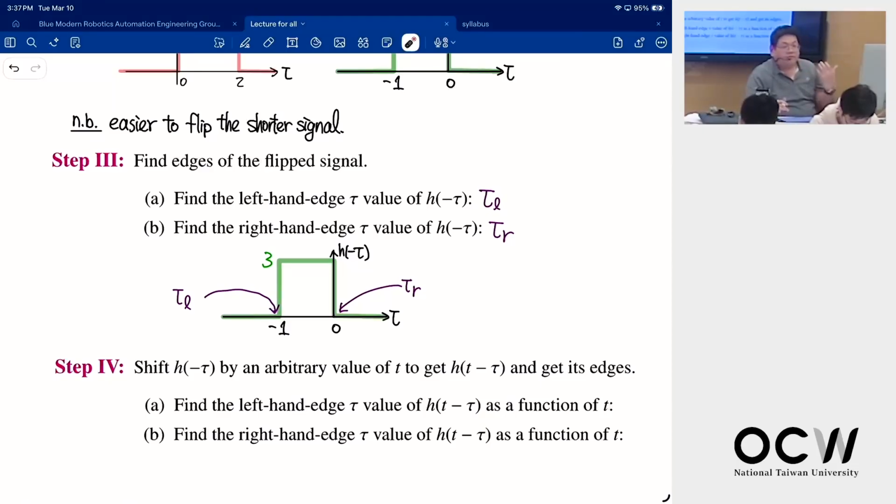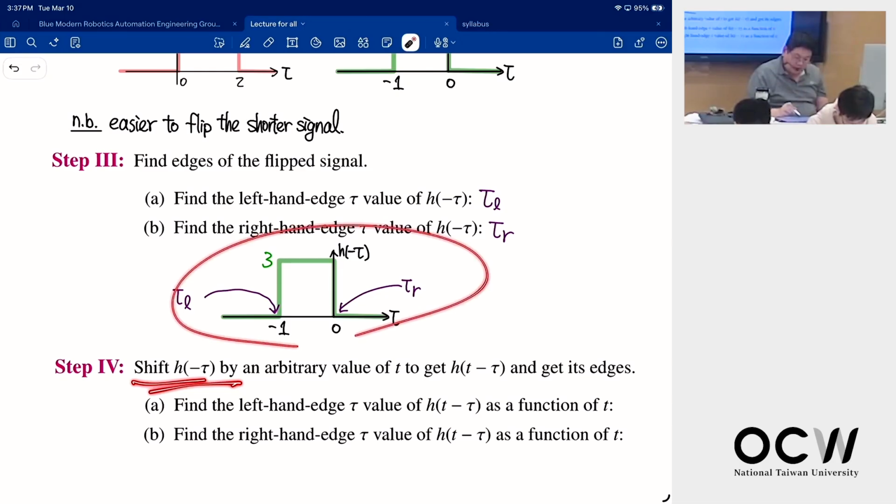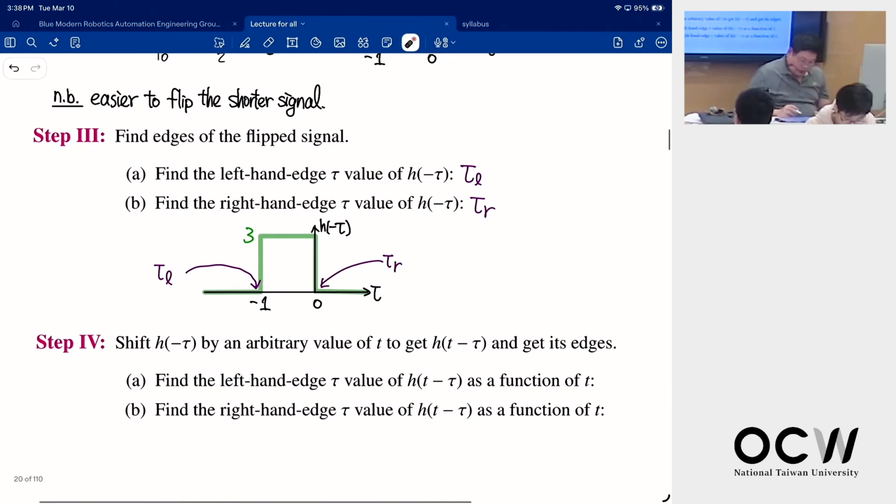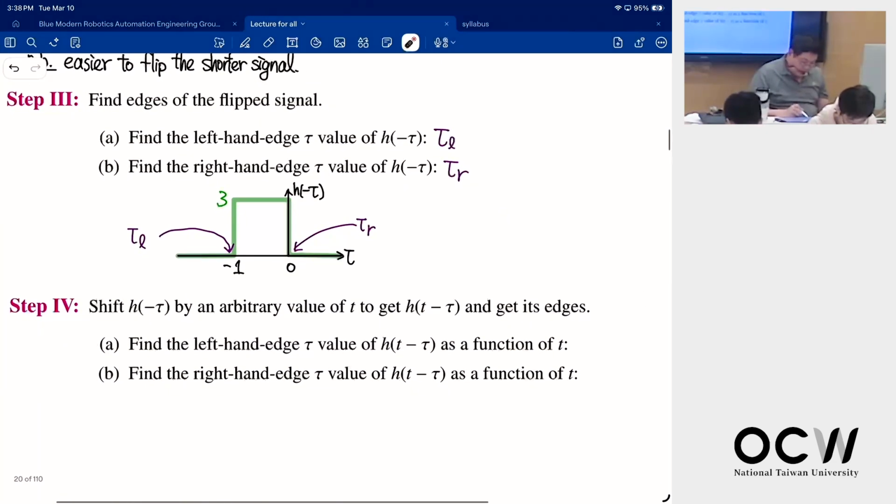We flip and then we need to shift. Okay, so we shift this by an arbitrary value of t to get h of t minus tau. And then we need to get its edges. So we need to flip and then we'll shift to the right and also shift to the left. I need to find the left hand edge and also the right hand edge.